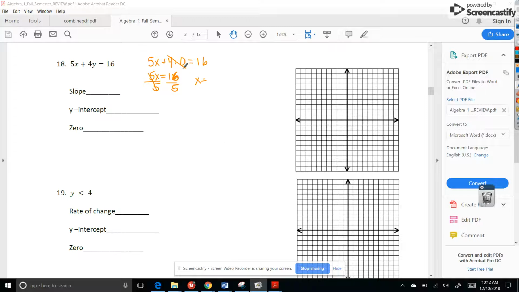Let's see. Well, 16, what's close to 16 that's divisible by 5? 15. So this would be 3 1/5. So 1, 2, 3 1/5. There's my x-intercept.